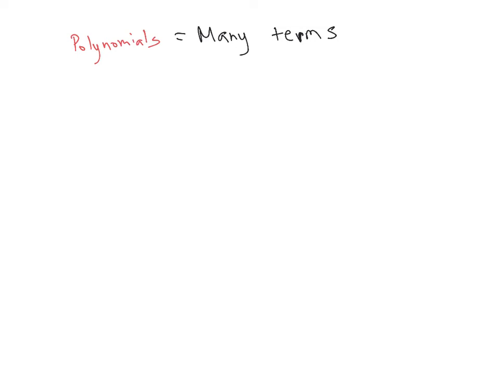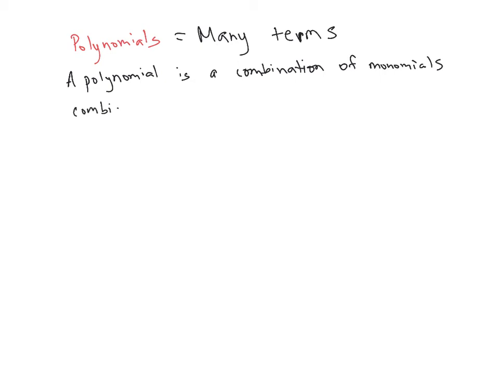So many terms, and as we look at this, we're going to be classifying because there's some different types of polynomials. But in general, a polynomial is a combination of monomials combined by addition or subtraction.